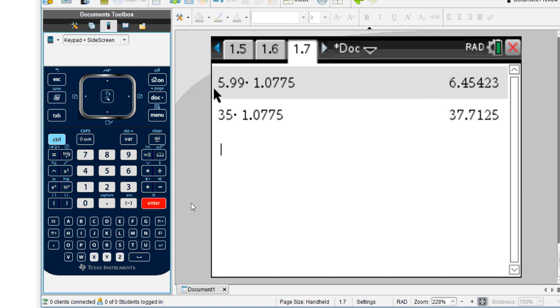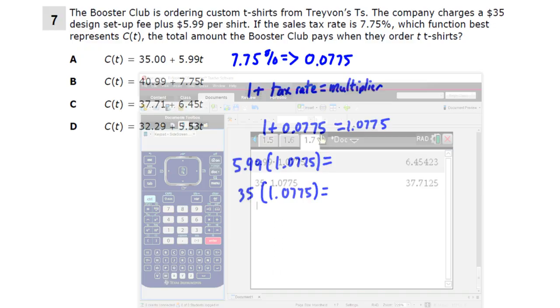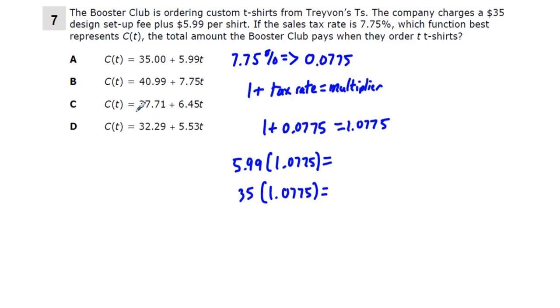So 37.71, 6.45. So that's going to be our answer choice C.